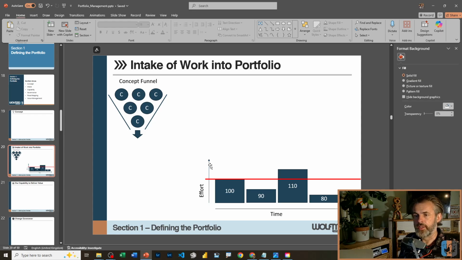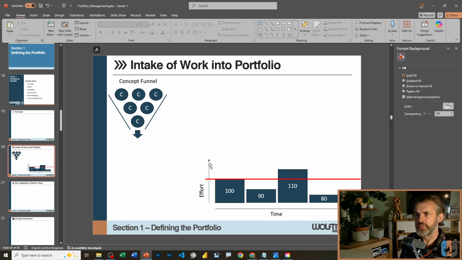The objective of the portfolio manager and everyone in each of the teams will be to fulfill on the ask. So we want to make sure that whatever we're bringing in, once it's in the process, we'll deliver against it.